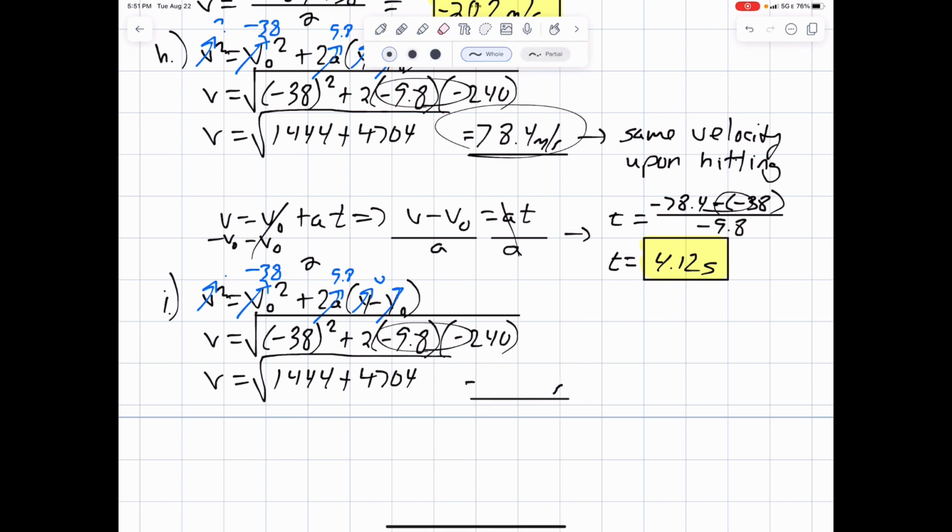Keep in mind that might be the speed, but we really want the velocity on this. So the velocity is going to be negative 78.4 meters per second.